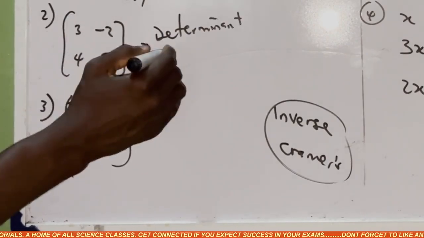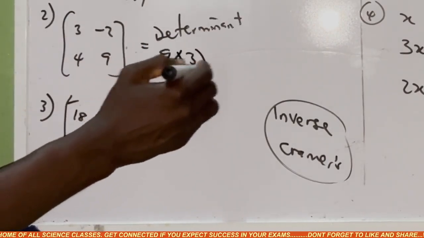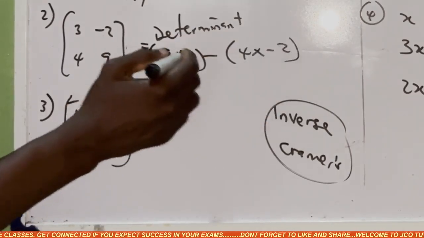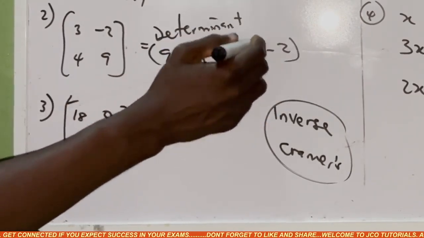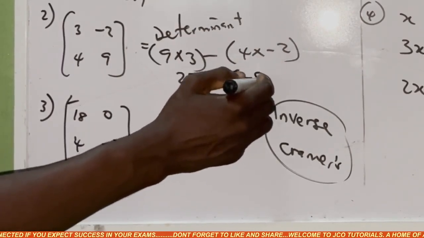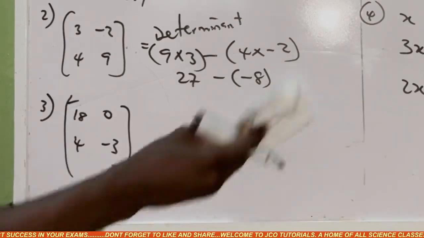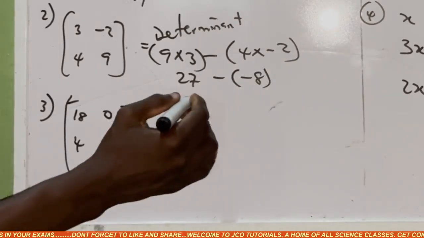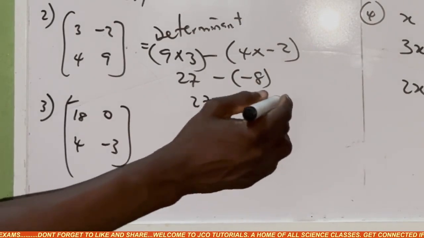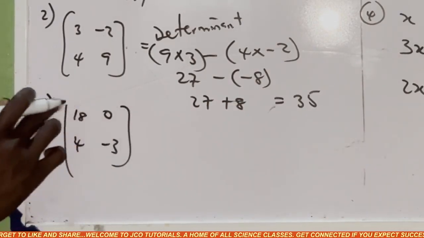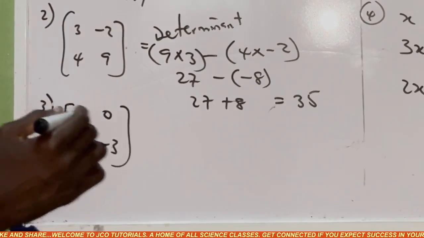9 times 3, main diagonal, minus 4 times minus 2. 9 times 3 gives me 27, minus 4 times minus 2 gives me minus 8. And the minus and minus will give you plus. So 27 plus 8, that gives you 35. Going to the next, looking for a determinant also.